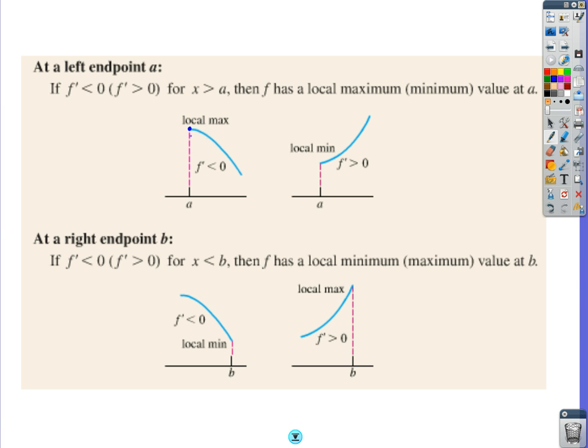Vice versa, if my left endpoint is here and my derivative is greater than 0 just to the right of it, that means my function is increasing, then I have a local minimum at that point. And the opposite could be said for right endpoints. Okay? Kind of intuitive, but we'll get there.